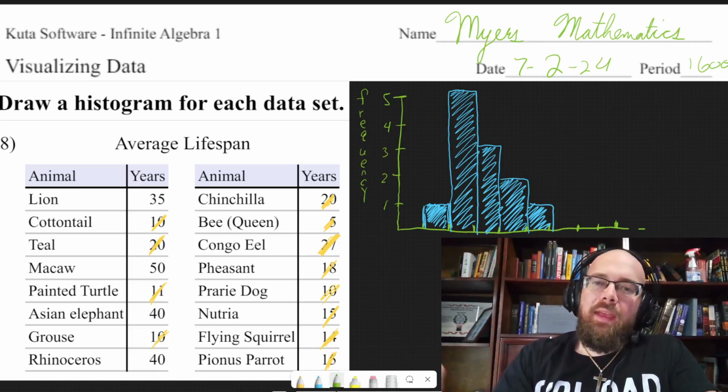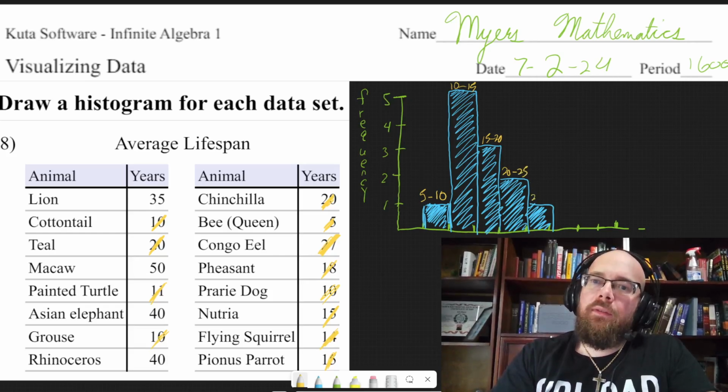So we have, this is the 5, so 5 to 10. Then we have the 10 to 15. Then we have the 15 to 20. We have the 20 to 25. 25 to 30. This one that's empty is going to be 30 to 35.